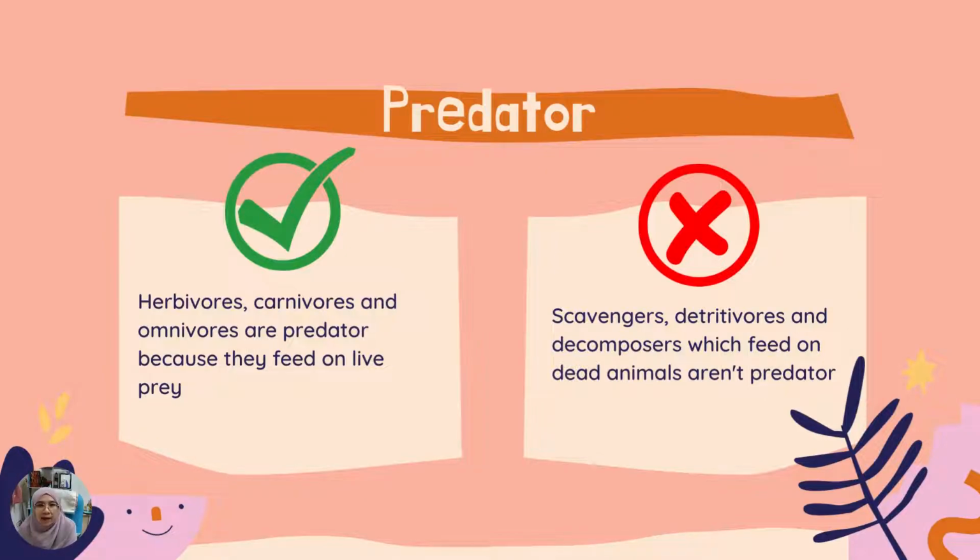Herbivores, carnivores, and omnivores are predators because they feed on live prey. Meanwhile, scavengers, detritivores, and decomposers are not predators because they feed on dead animals.